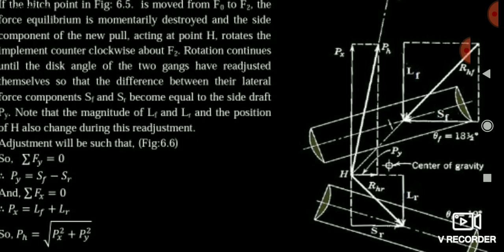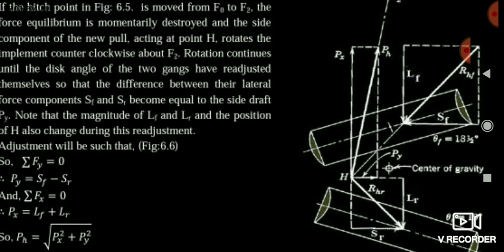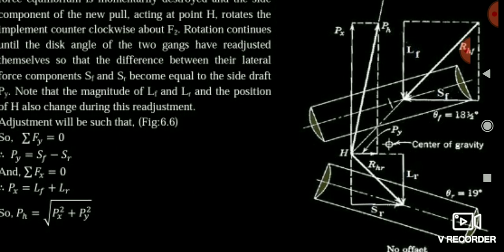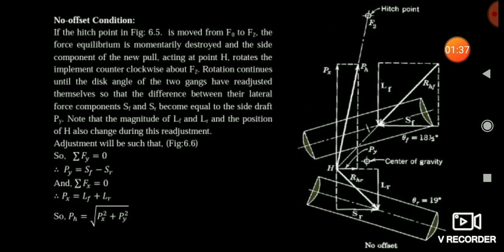You can clearly see from the diagram. The distance I have considered, because both these forces are acting in the vertical direction, meaning vertical downward direction. So the horizontal distance between the hitch point and the LR and LF values are the same.